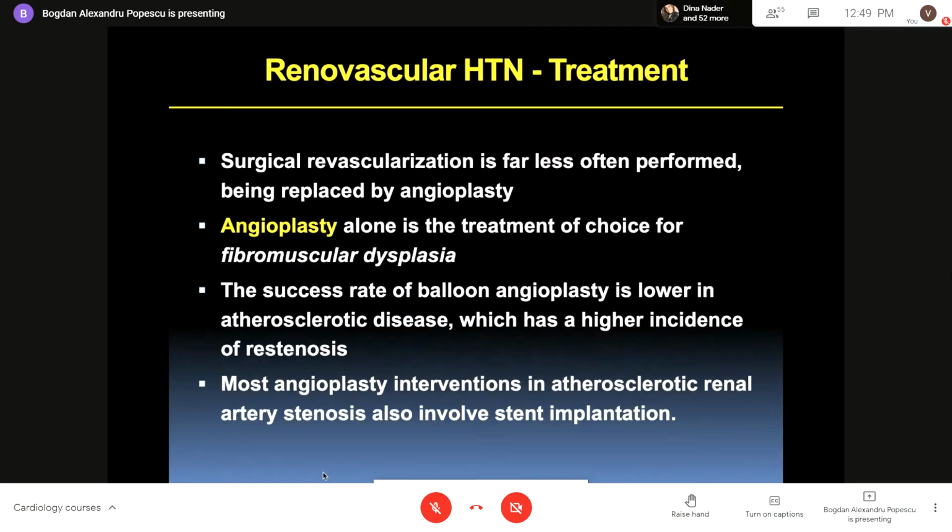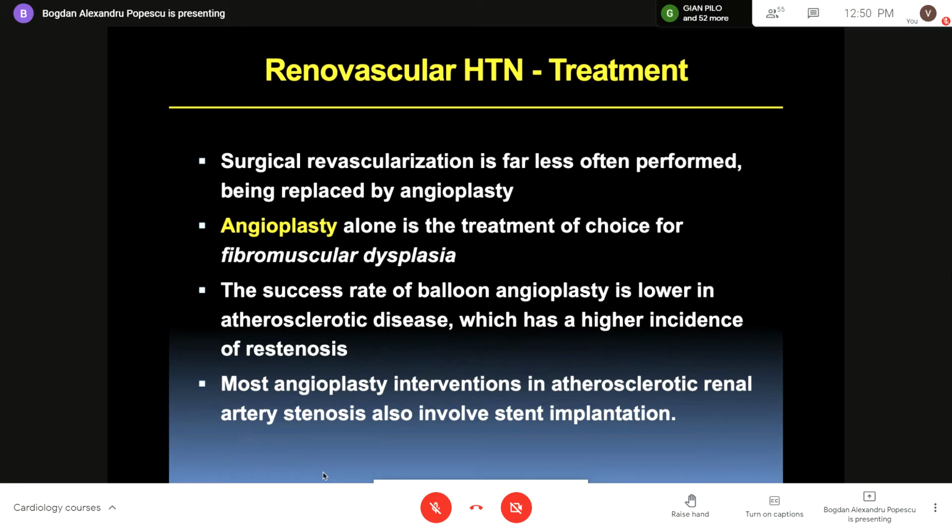So now, discussing about treatment, if we decide to revascularize a stenotic renal artery, angioplasty is the most often used method, much less often surgical revascularization. Angioplasty alone is the treatment of choice for fibromuscular dysplasia.